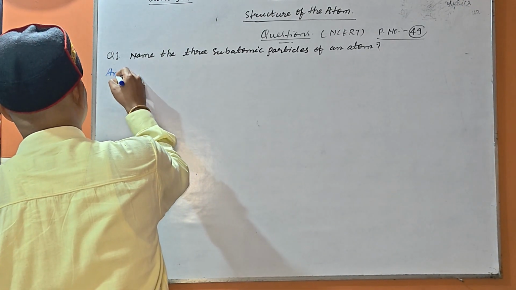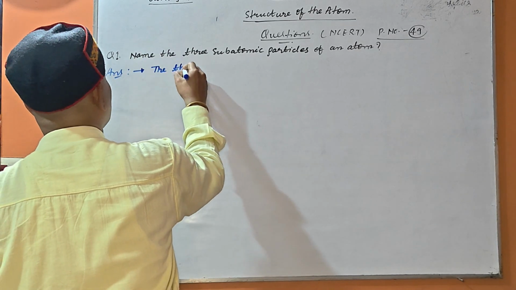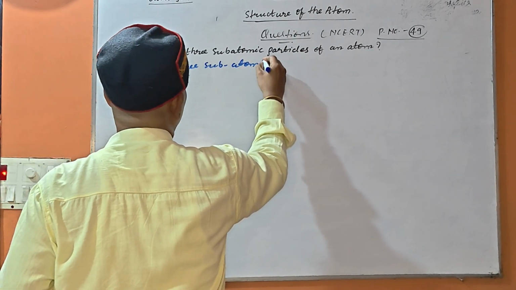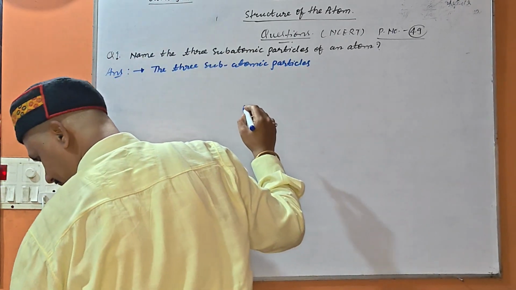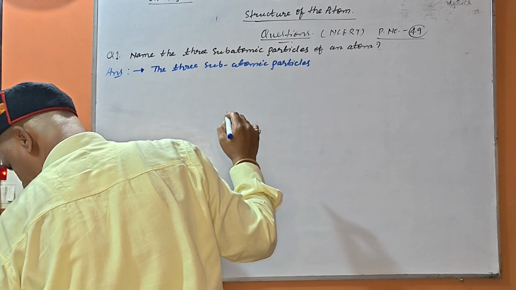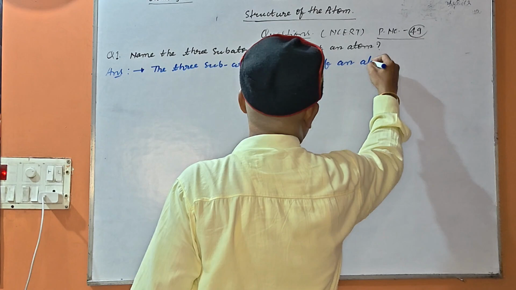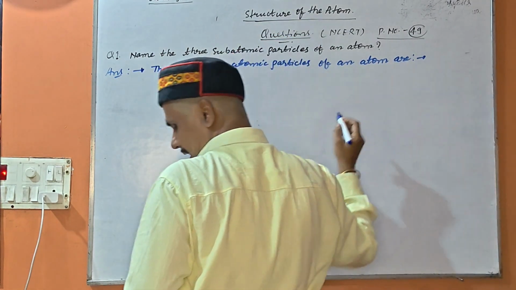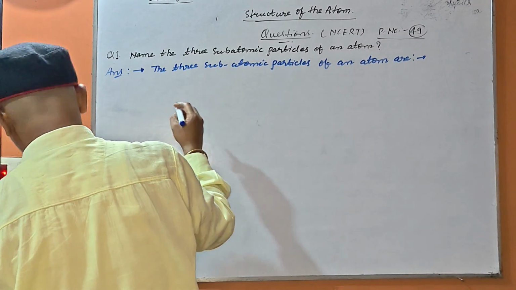The answer is very easy: electrons, protons and neutrons. The 3 subatomic particles of an atom are protons, electrons and neutrons.